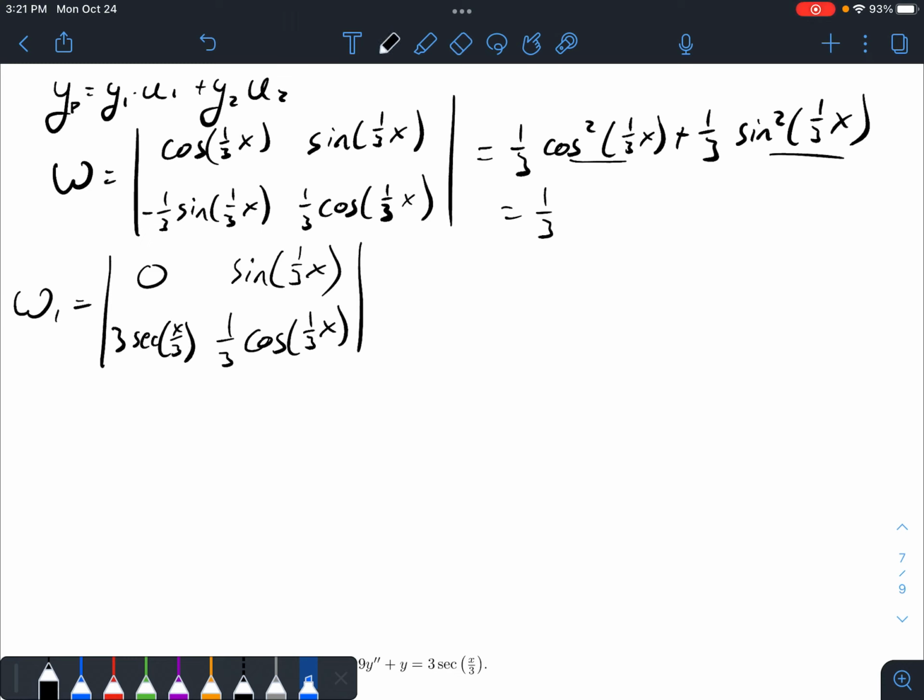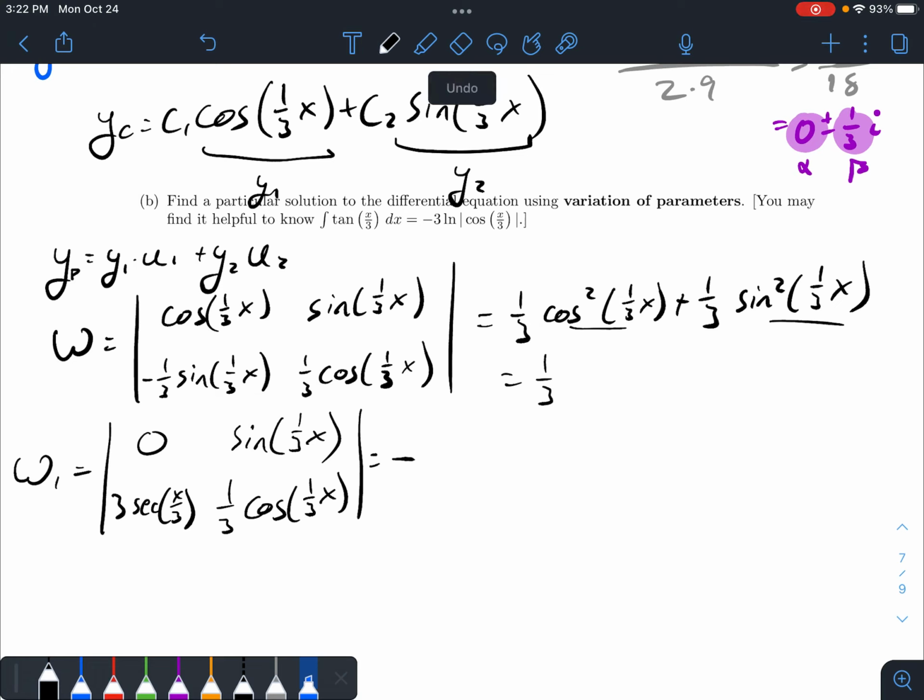So this is our answer column, 0, and then just this for the bottom entry. This is equal to 0, this times this, which is 0, minus this times this.